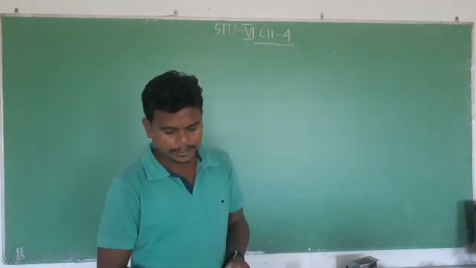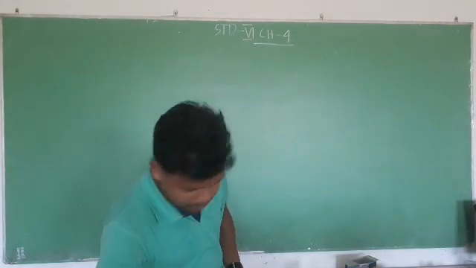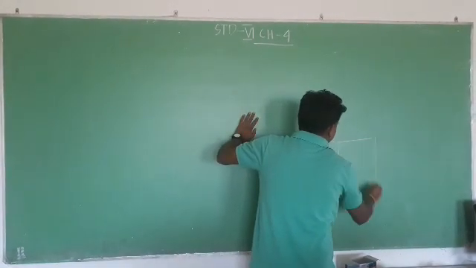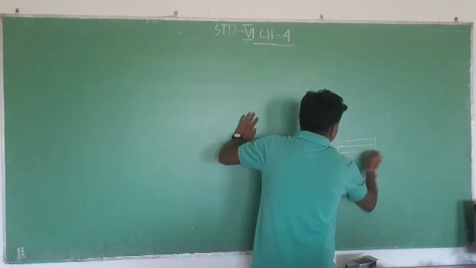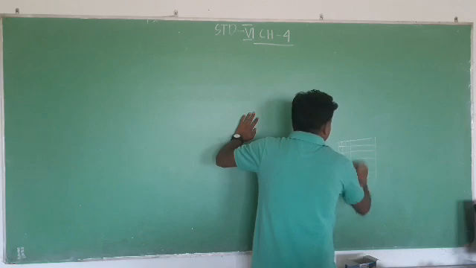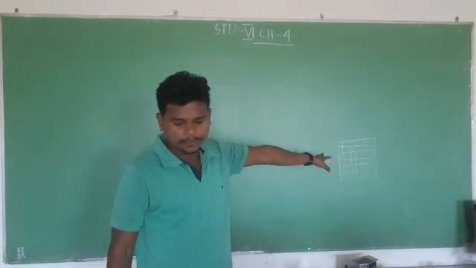A table has a grid. You must have seen this grid. These are called a grid, like this in Microsoft PowerPoint.